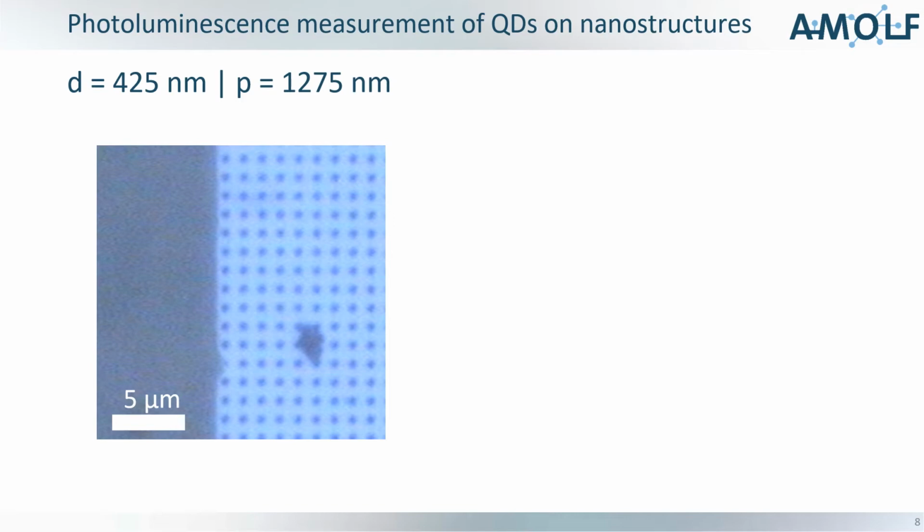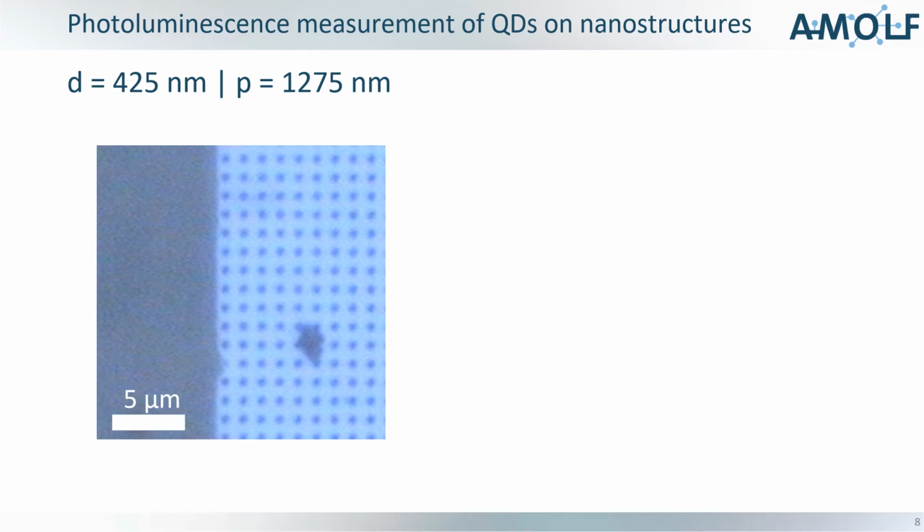Now that we have the quantum dots on the cylinders, we can go measure what the emission looks like from these quantum dots. On the left, you see an image of the end of a square array of these cylinders that have the diameter of 425 nanometer, but now have a pitch that is twice as large as you saw in the SEM.